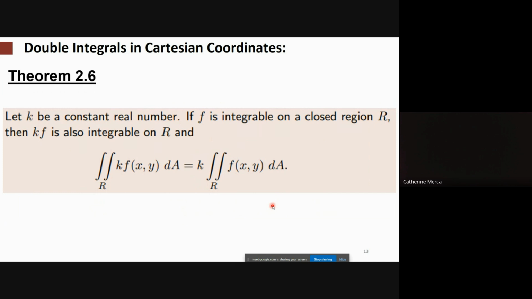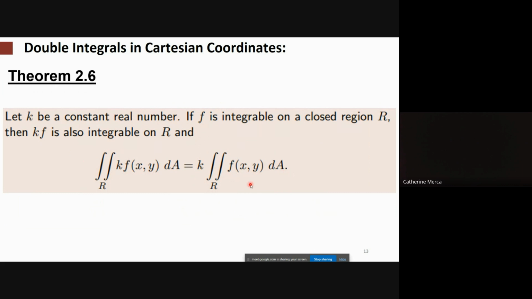If you let k be a constant real number, then if it's k times a function of xy, just like in a single integral, you simply have to take out the constant and then evaluate the double integral of the function dA.